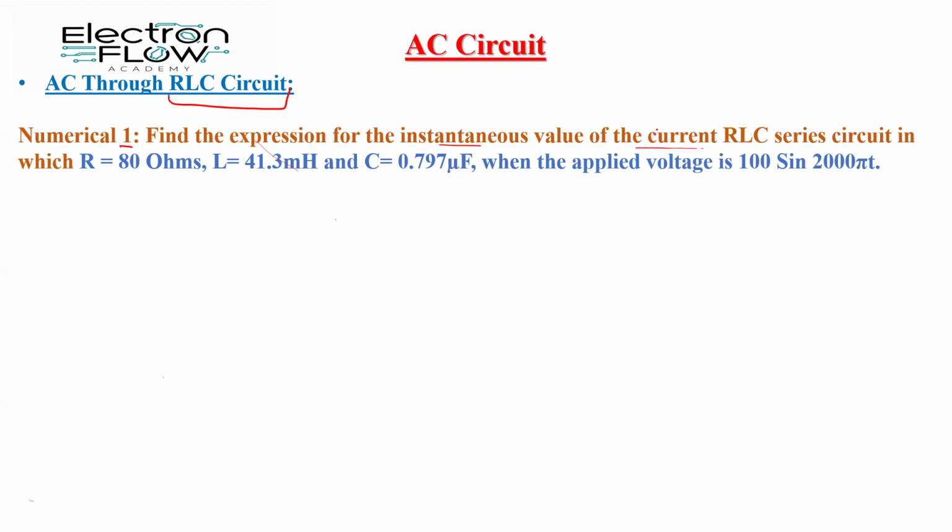The load type is an RLC series circuit, in which the parameters given are resistance 80 ohm, inductance 41.3 millihenry, and capacitance 0.797 microfarad. The applied voltage is 100 sine 2000 pi t. So let's solve this question.